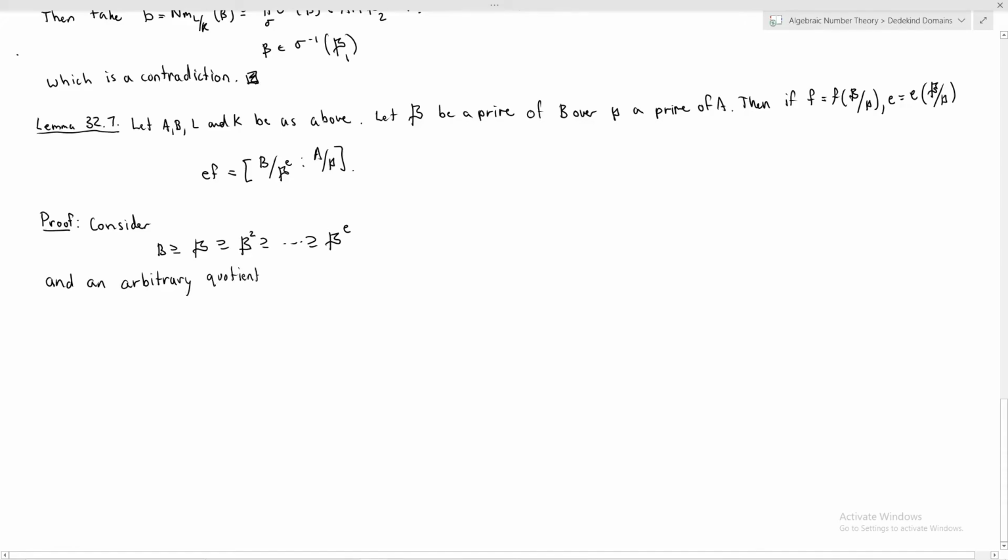So basically we're going to compute the dimension of the whole quotient by computing the dimension of each subquotient.